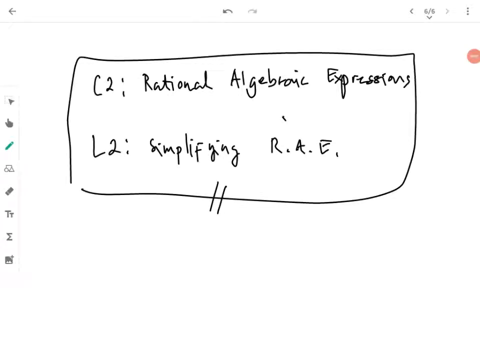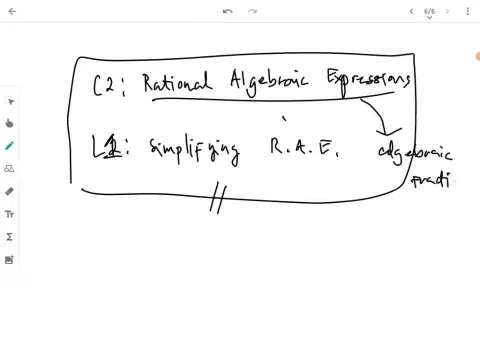In this video, we're going to discuss the very first lesson for chapter 2, which talks about rational algebraic expressions. Imagine that these are just simply algebraic fractions.